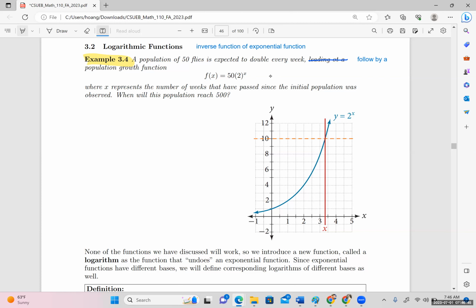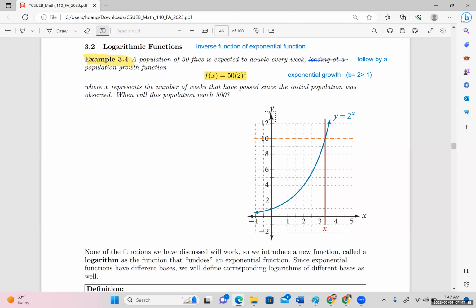Okay, so what is this? This is an exponential function, right? It is an exponential function because we have b greater than 1 in this case. b equals 2 is greater than 1.